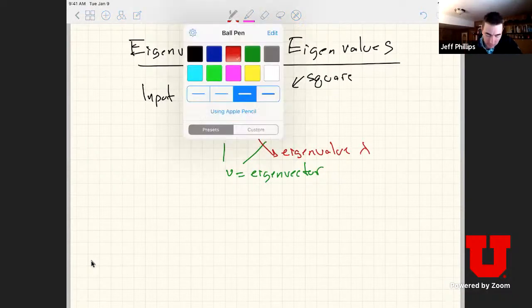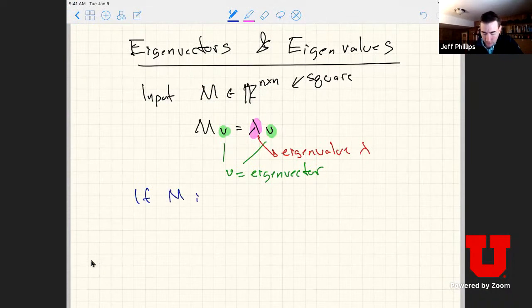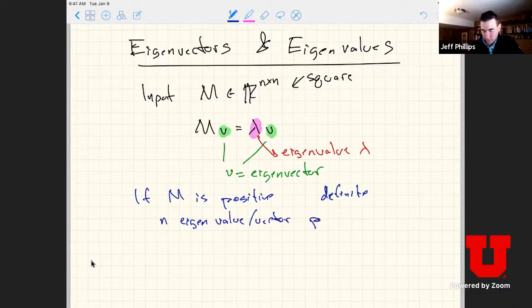Okay, and so if M is positive semi-definite, or let me just say positive definite, then I'm going to have n eigenvalue, vector pairs, and all eigenvalues are going to be real and so positive.